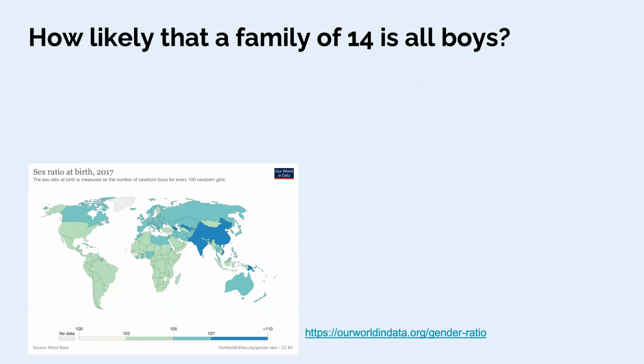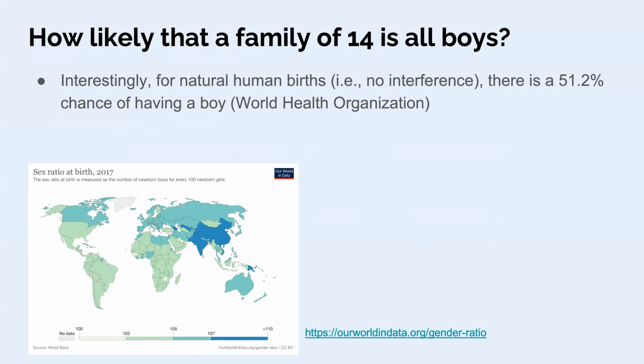All right, so coming back to our family of 14, how likely is it that a family of 14 is all boys? And I guess I ran this once and the numbers were just too clean if we assumed a 50% outcome for boys and girls.